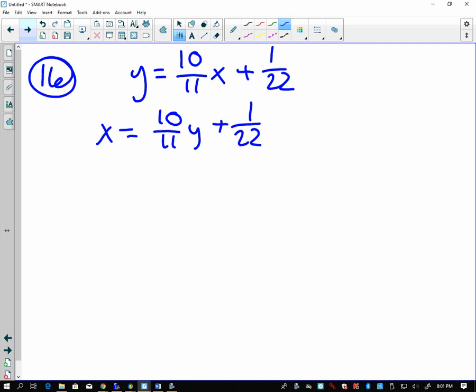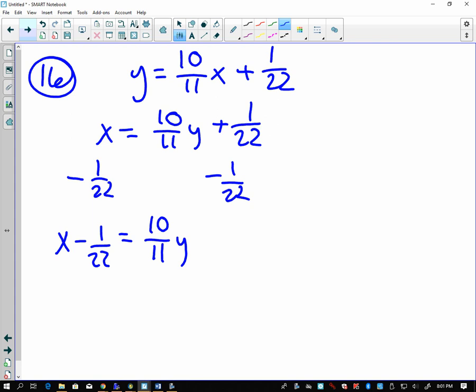So subtract 1/22, minus 1/22. So we have x minus 1/22 equals 10/11 y. Can't divide by that fraction, but I can multiply both sides by 11/10.